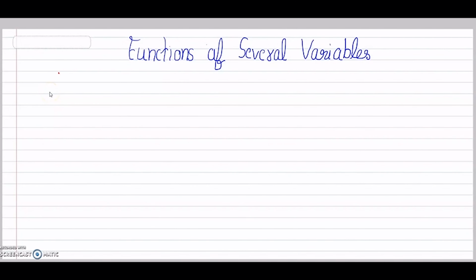Next लिखिए limit of a function of two variables.